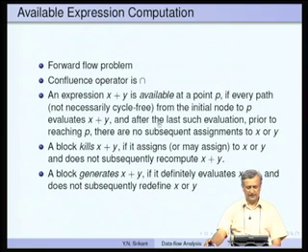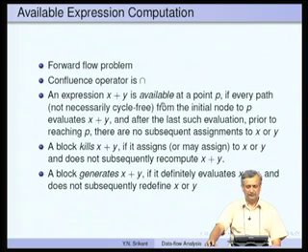Let us take up the second data flow computation problem. This is known as the available expression computation, and this problem is essential to handle the common sub-expression elimination optimization. This is also a forward flow problem, but the confluence operator here is intersection. What is meant by availability?